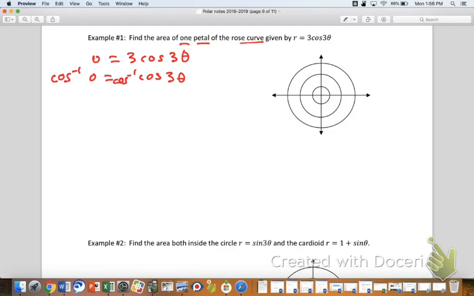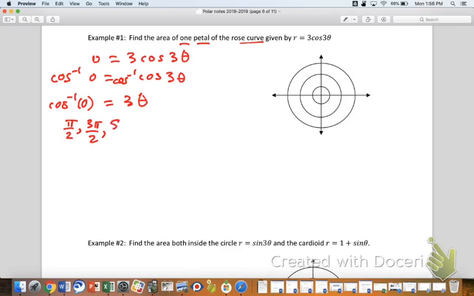And I'd get 3 theta is equal to inverse cosine of 0. So for what angles is cosine 0? Pi over 2, 3 pi over 2. And I'm going to get several of these here because I want to make sure that I'm getting all the ones that I need. Wouldn't the next one be 5 pi over 2?